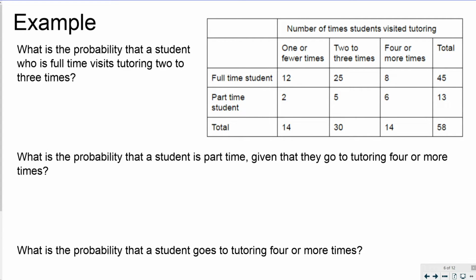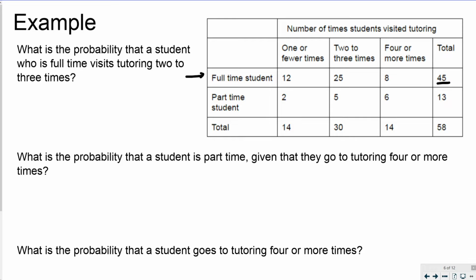What is the probability that a student who is full-time visits tutoring 2 to 3 times? We are looking at only full-time students, so we restrict to only full-time students, which means we only have a total of 45 students.